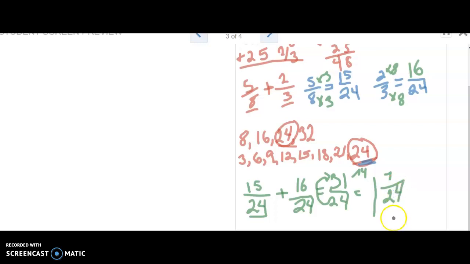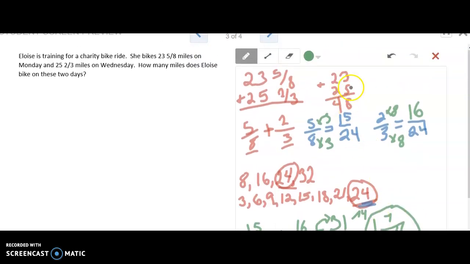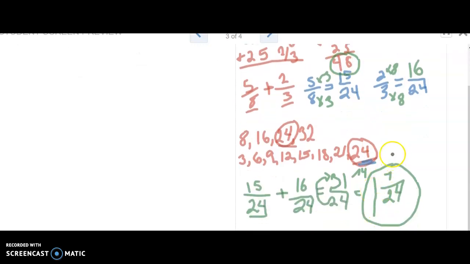Okay. Now my final step is to take my fraction part that I got, 1 and 7/24, and put it with my whole number part up here, 48. Well, I've got a whole 1 down here, so I need to add 1 to 48 to get 49. And my fraction part's going to be 7 over 24.